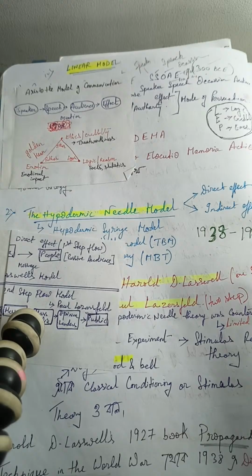Now, among linear models, with an example we can see Aristotle's model. It is the ancient but powerful, oldest model, created around 300 BC. Here there are three elements: the speaker, the speech, and the audience. Suppose a politician is giving a speech to the public; the public listens but doesn't respond directly.